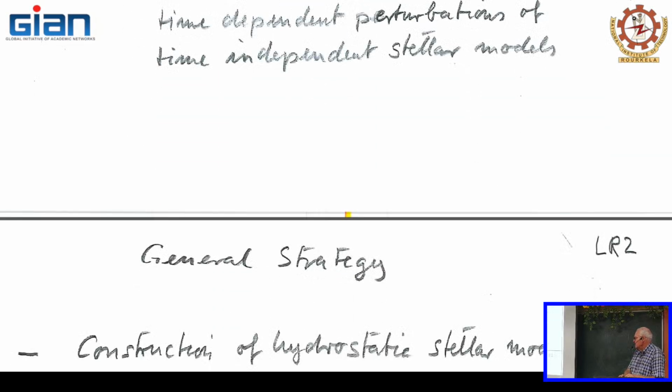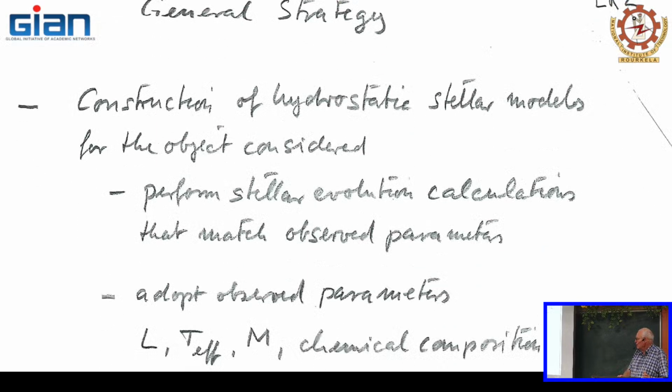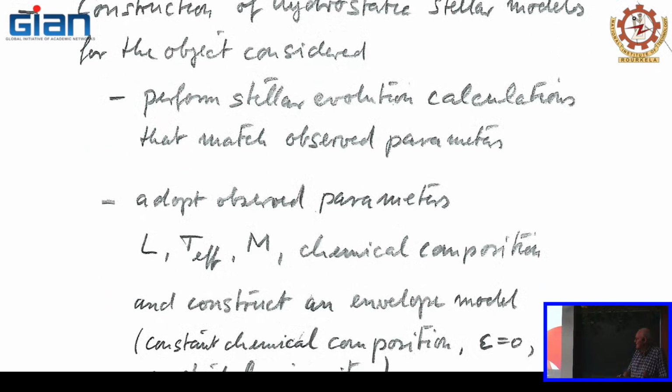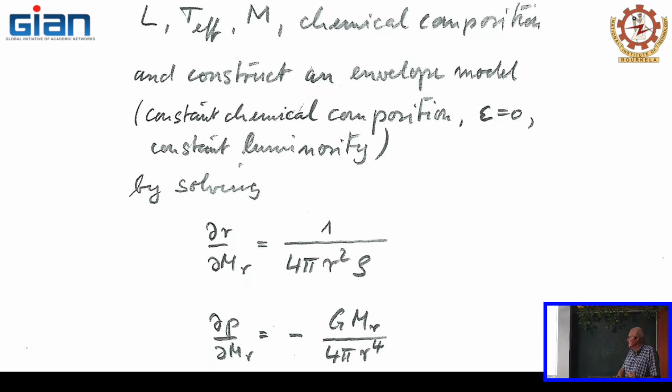So this general strategy, as I already said, will be, at the beginning of a stability analysis, to construct hydrostatic stellar models, taking them either from evolutionary calculations or from an envelope integration. This would be the second possibility.